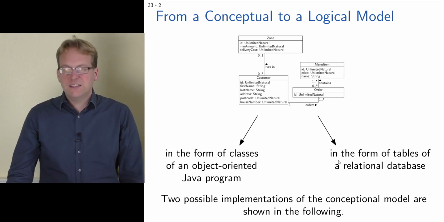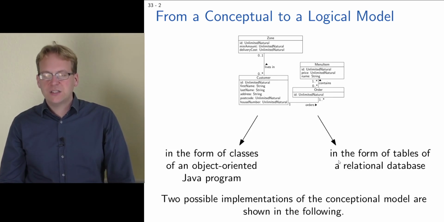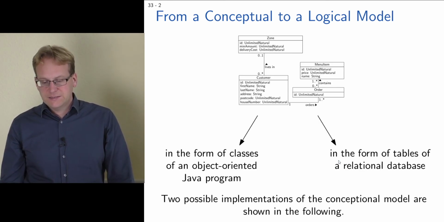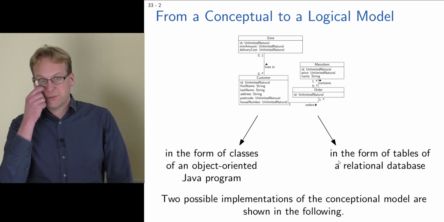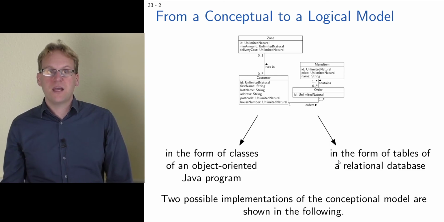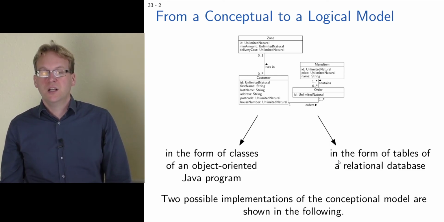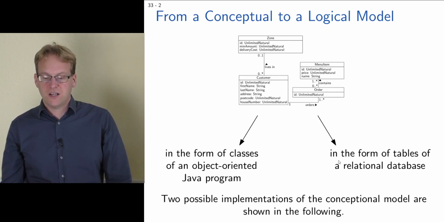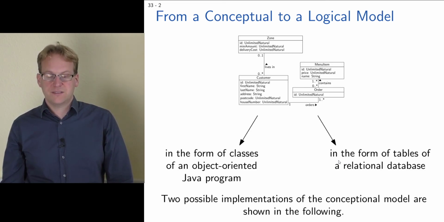What you will see in the next lecture is how to now go from the conceptual model to a logical model. And that means to go to a concrete implementation of our conceptual model. This can be done in different ways. Again, it depends on the application. What do you want? Maybe you want a database for persistent storage of information following this model.